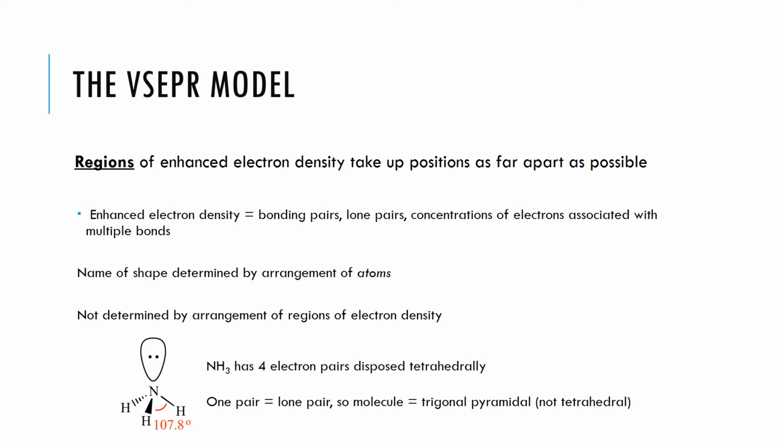Even though the arrangement of electron density in that system would be described as tetrahedral, the molecular shape is given as trigonal pyramidal because one of those regions of enhanced electron density happens to be a lone pair.